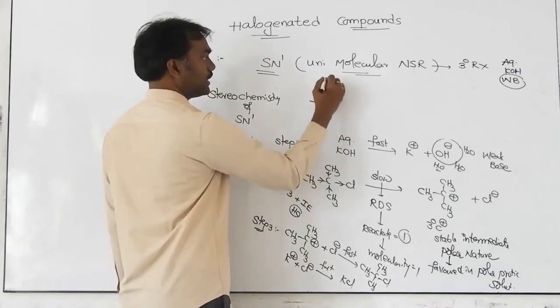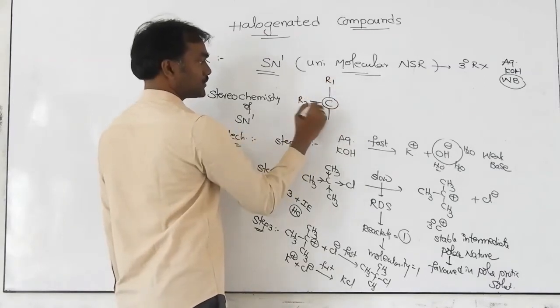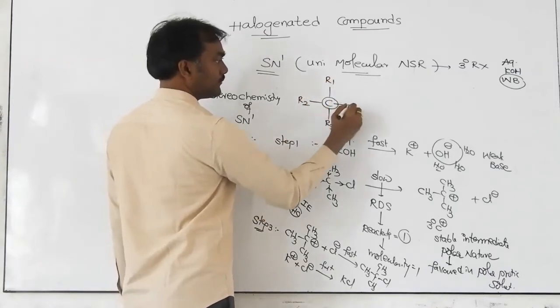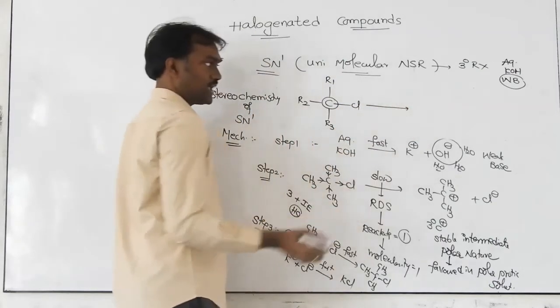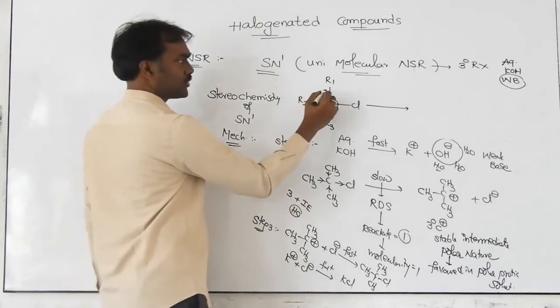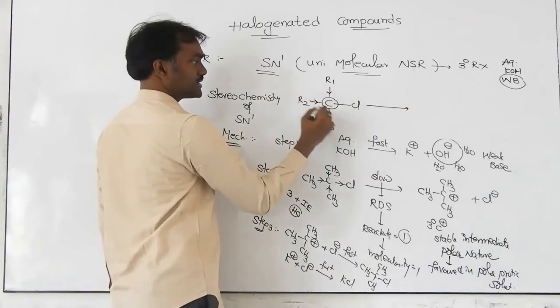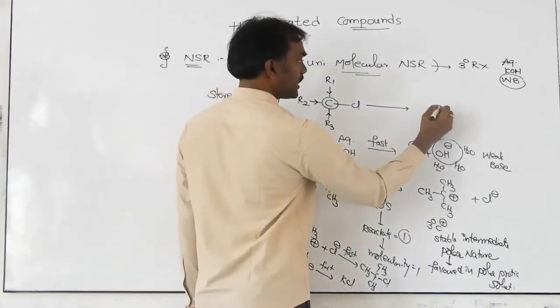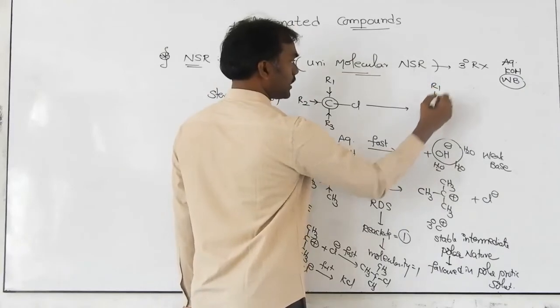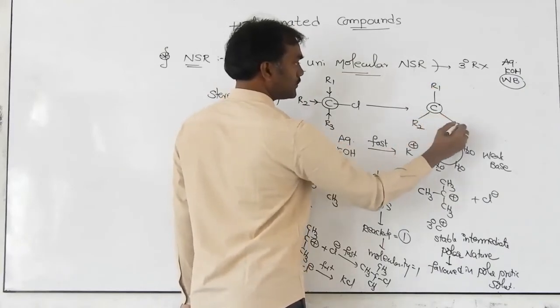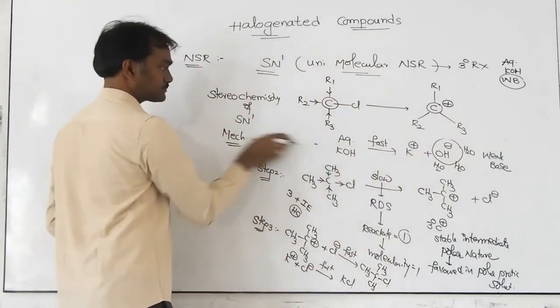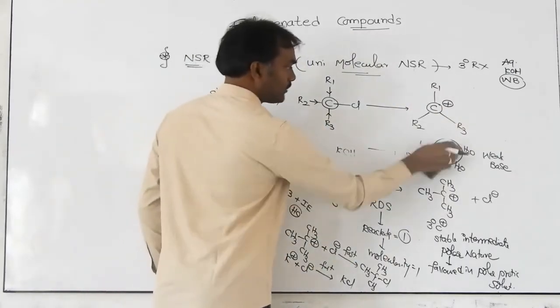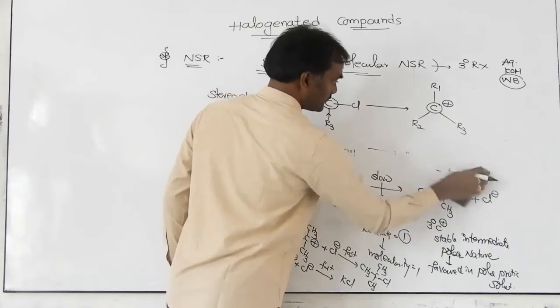We take R1, R2, R3 with the chlorine. Three groups are donors, so you are getting an R1, R2, R3 carbocation. So the carbocation is the intermediate.